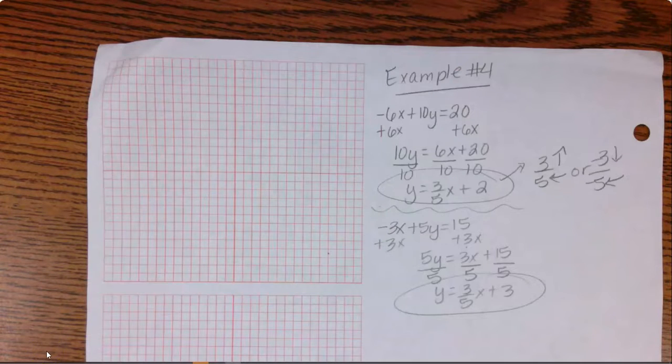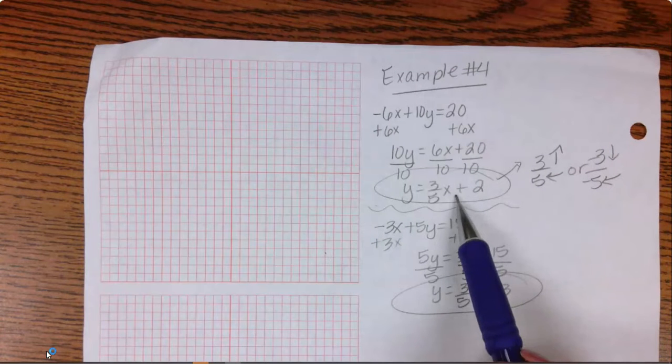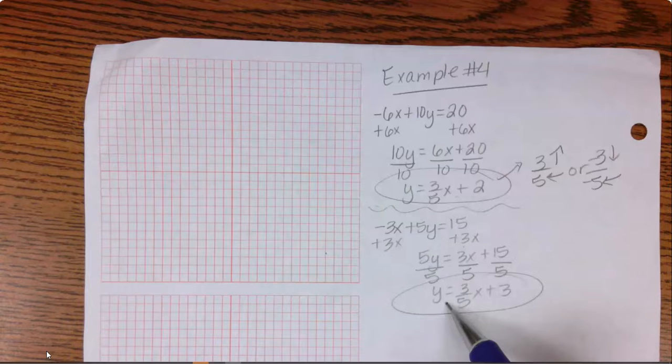Pause the video for just a minute and go ahead and put these two in slope-intercept form. Okay guys, you should have put both of these in slope-intercept form. In the first equation, you get y equals 3/5 x plus 2. The second one, you get y equals 3/5 x plus 3. They have the same slope, so these lines are going to be parallel.